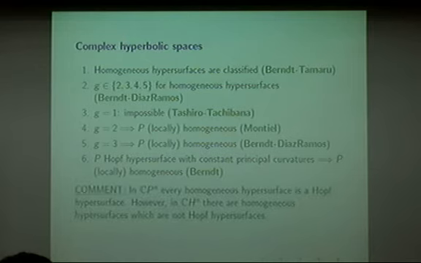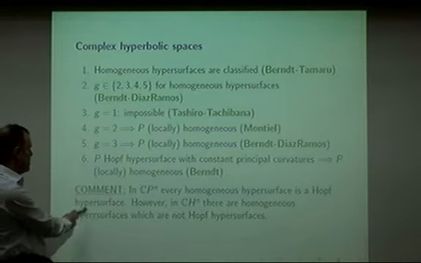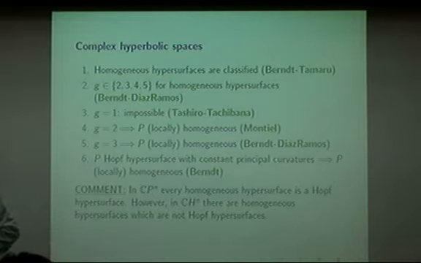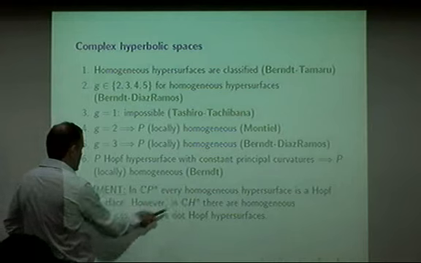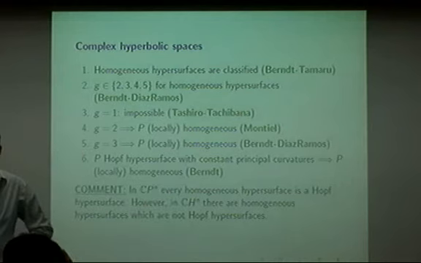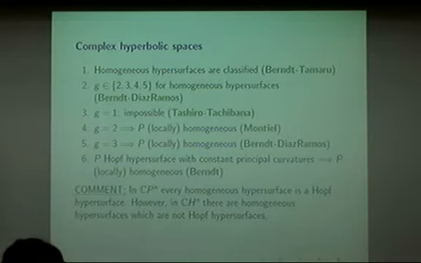But there is, as a comment, again an observation here. In complex projective space, every homogeneous hypersurface is a Hopf hypersurface. This comes out when you look at the classification by Takagi. But in complex hyperbolic space, there are homogeneous hypersurfaces, and actually almost all of them are not Hopf hypersurfaces.